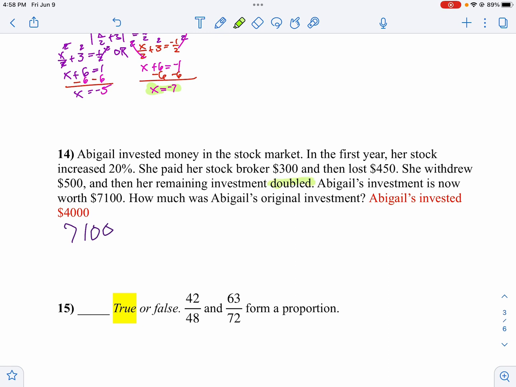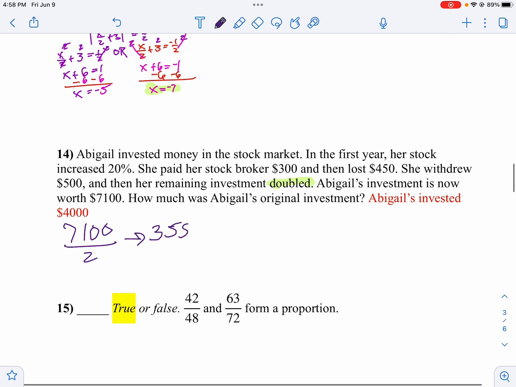So the opposite of doubling, I'm going to divide that by 2. So 7,100 divided by 2 is 3,550. So she had 3,550 before she doubled her account.